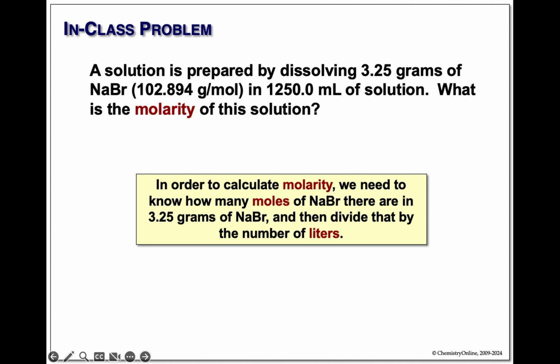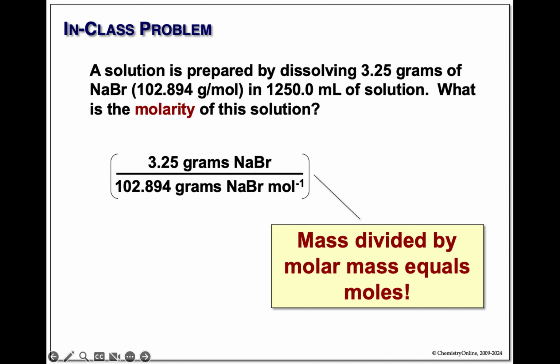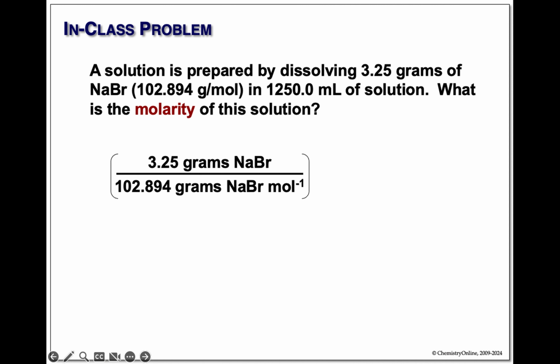How do we get grams into moles? Well, we remember mass divided by the molar mass gives us moles, doesn't it? Told you to remember that one. So this gives us the total number of moles. Divide that by 1.25, the number of liters. Moles divided by liters will give us molarity. Now grams cancel, that's no problem.